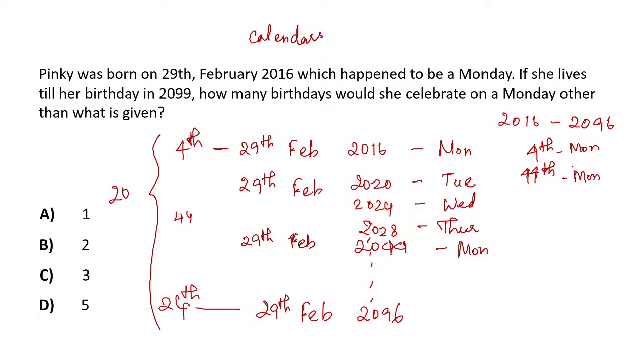Okay, and after that, 12, 13, 14, 15, 16, 17, 18. Now, the 18th multiple of 4 is, I think, 72. So 29th February 2072 will be a Monday.